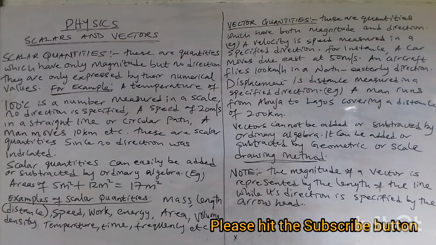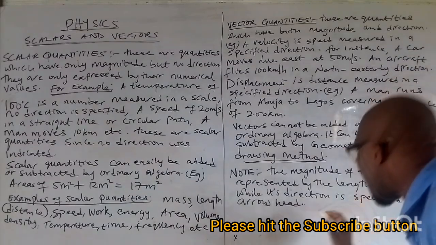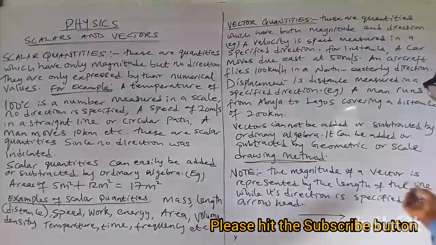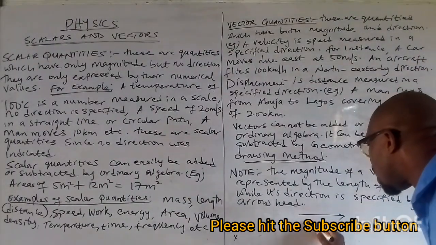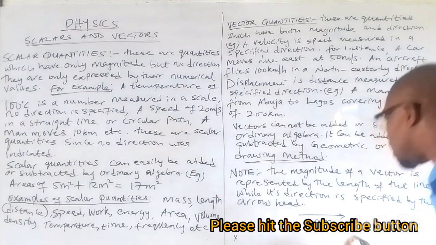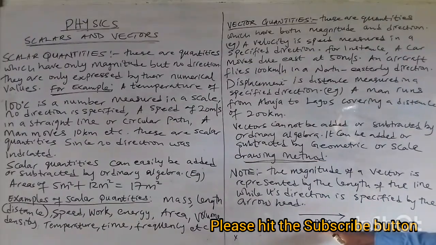Now, it is worthy of note that the magnitude of a vector is represented by the length of the line, while its direction is specified by the arrowhead. Assuming we have a line like this, if the length of this line is 20 centimeters, that is the magnitude.